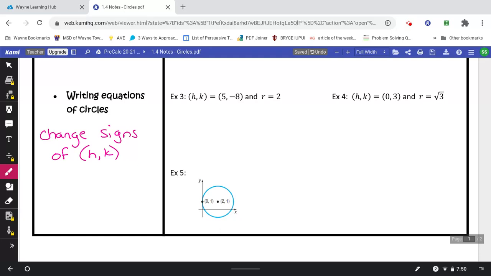And when we put the radius back into the equation, you want to make sure you square it. So square the r to put it back into the equation.